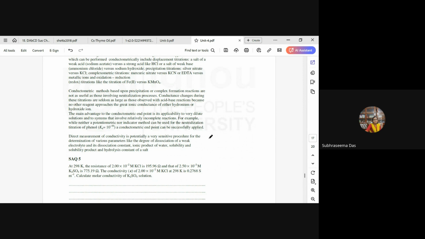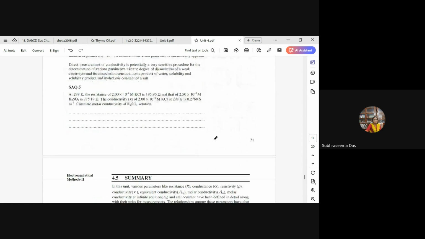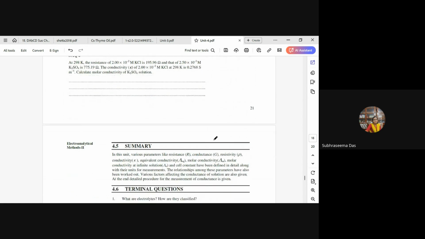Direct measurement of conductivity is potentially a very sensitive procedure for the determination of various parameters like the degree of dissociation of a weak electrolyte and its dissociation constant, ionic product of water, solubility and solubility product, and hydrolysis constant of the acid salt.